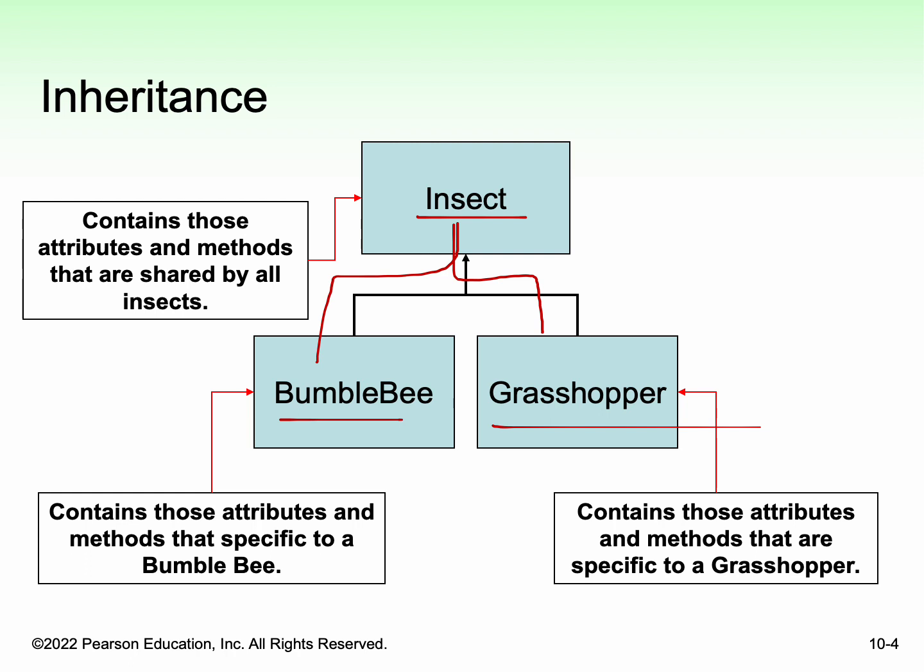Grasshopper will have special attributes and methods that bumblebee will not have. The class that is insect, we call a superclass. Since insect is higher overall, it is going to be the superclass. However, all of the classes that branch from insect are going to be called the inherited classes.